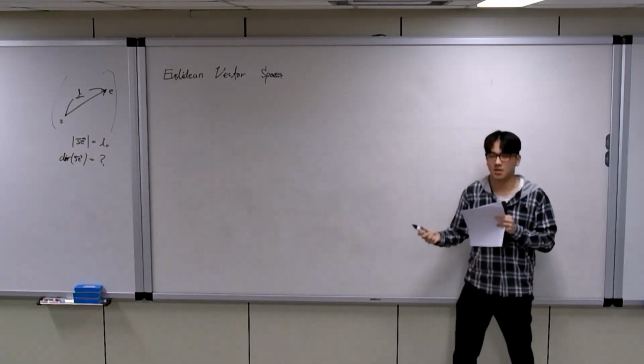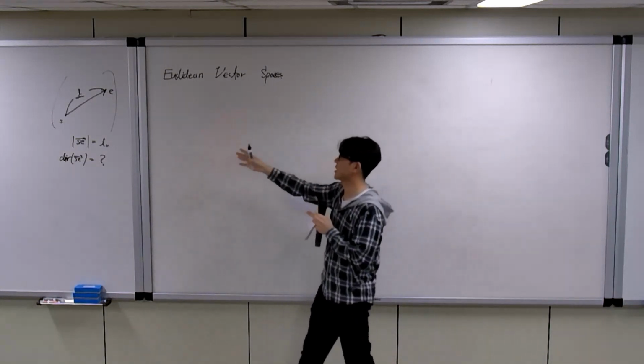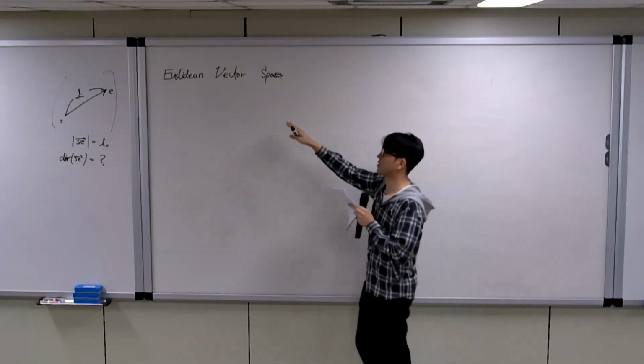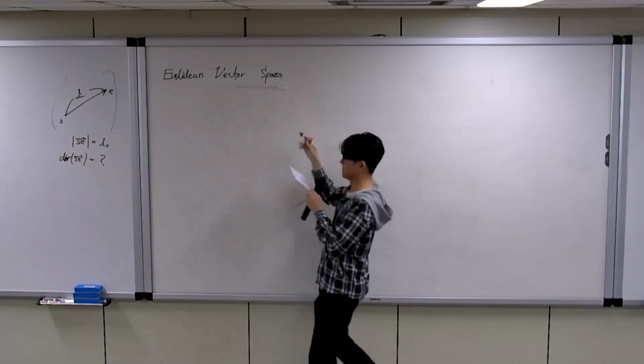In this section we will deal with vectors and the space of vectors, which will be called the Euclidean vector space.